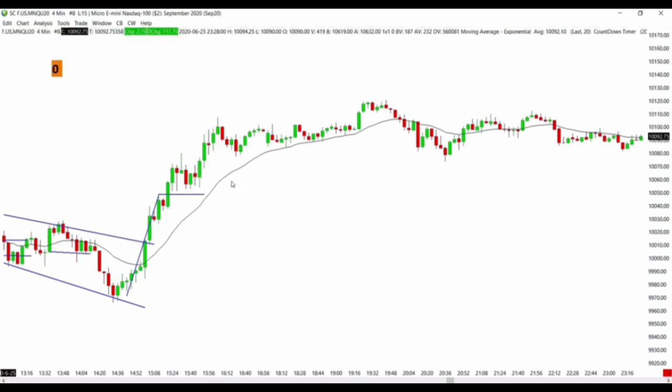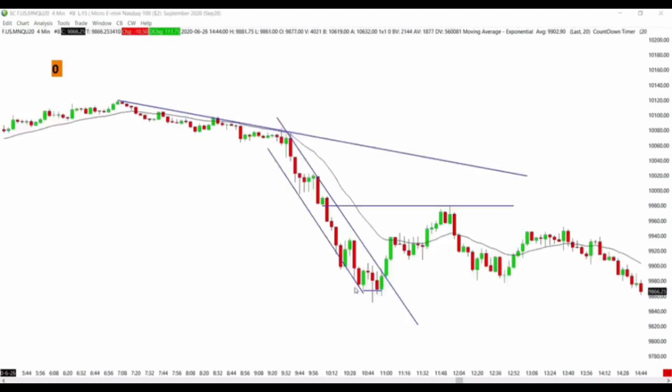Okay, guys, now let me show you another version of a 1 2 3. This version is a 1 2 3, but it's a broken 1 2 3. The reason why is because with a regular 1 2 3, we are looking for a lower high, or vice versa, a lower low. Now this actually gives you a higher high, but notice how it can't close.